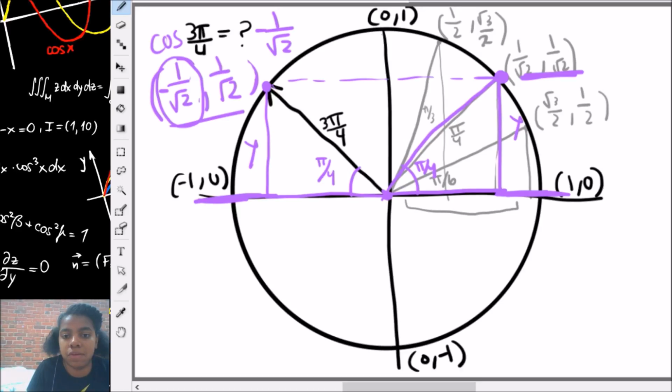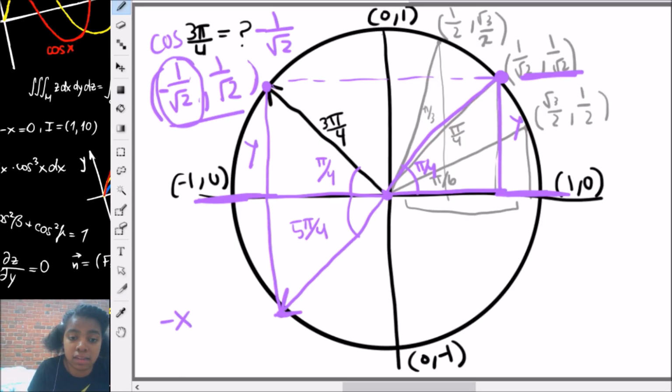So if you had a problem over here, let's say this is pi over 4, this angle would be 5 pi over 4, right? And here the x is negative and the y is negative. And we know for pi over 4, it's the same, so it would be negative 1 over root 2, negative 1 over root 2, right?